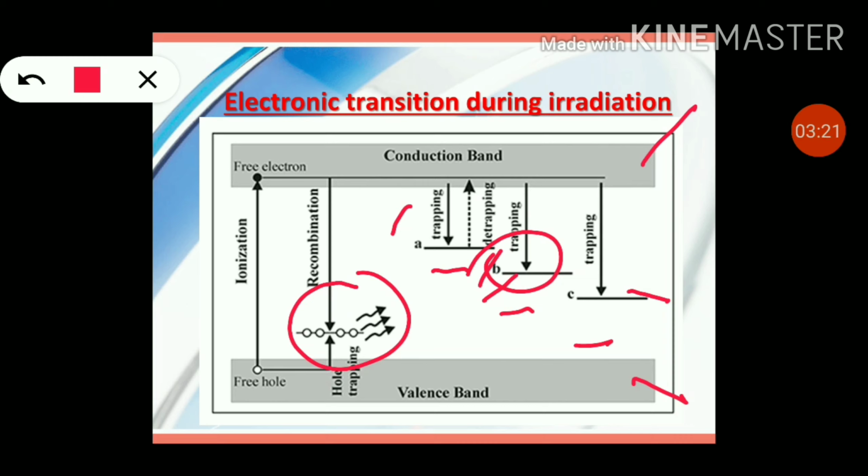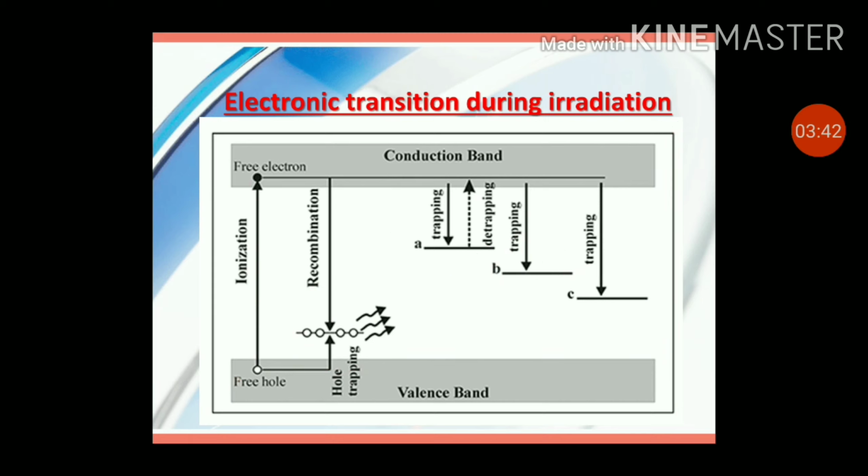In this figure, you will see the electronic transitions that occur when the radiation creates radiation induced electron hole pairs and fills the traps.